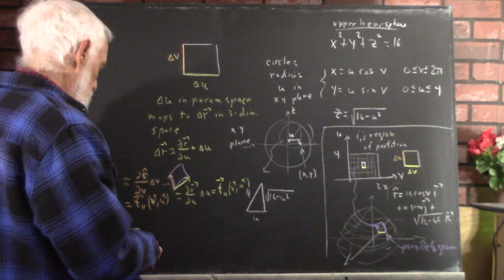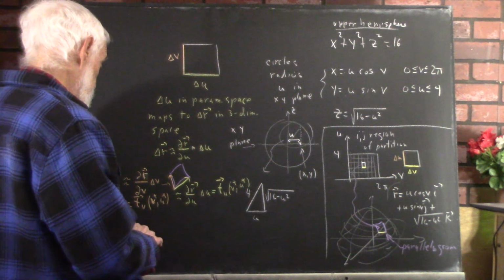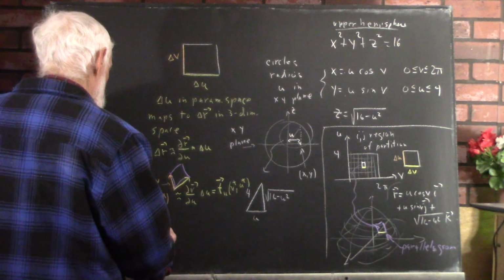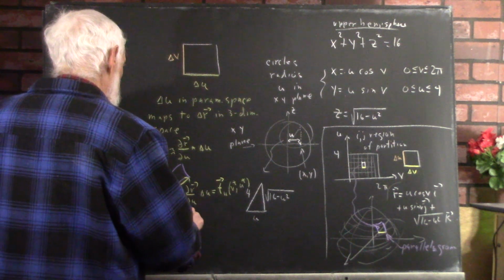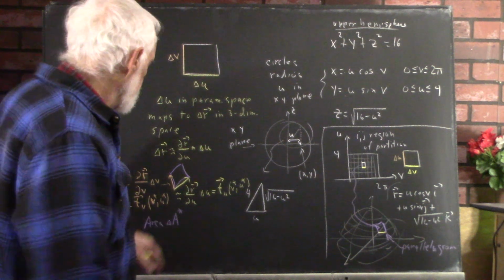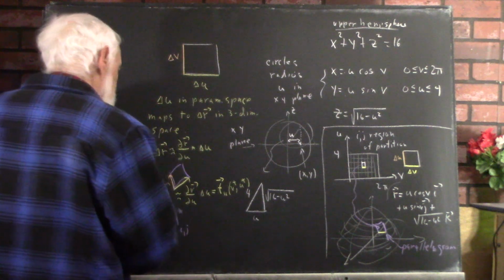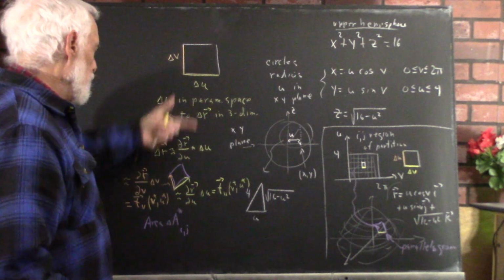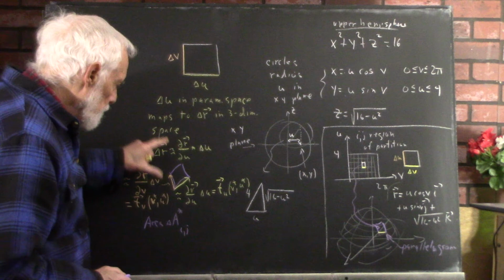Okay. Now the big point is that the area, which I'll just call delta A star, and the V star and U star could have been subscripted with i's and j's, but it's all implicit here.